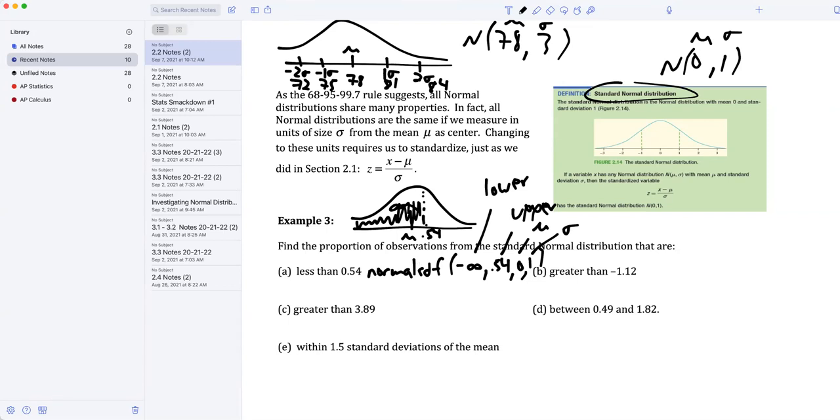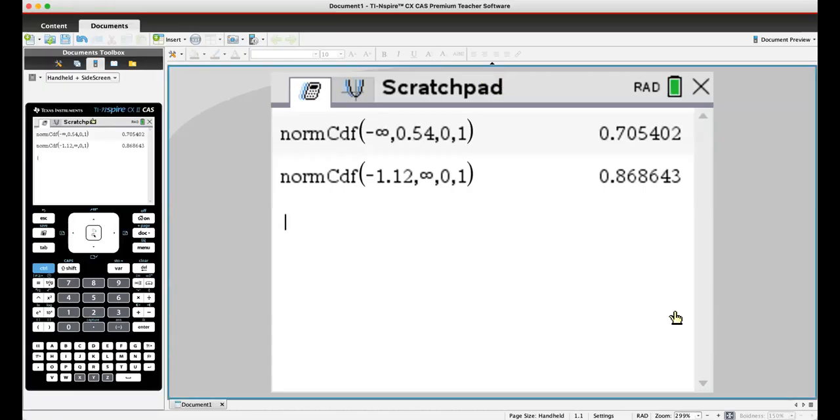All right, let's go to our calculator. Give me 1 second.